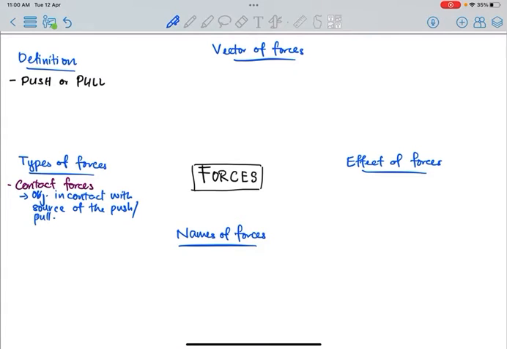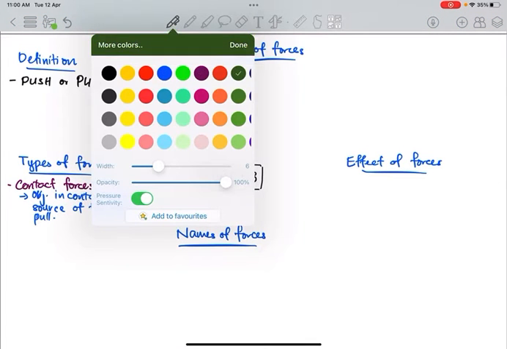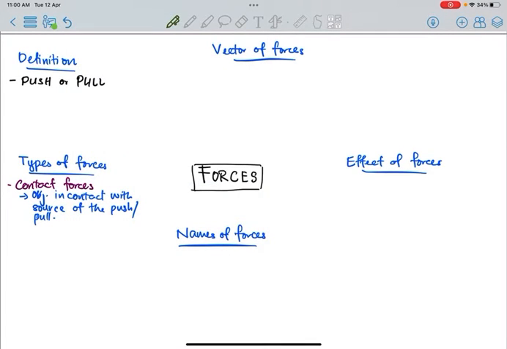Examples of contact forces can be friction. Friction is as if whenever we are rubbing our hands against each other, we can feel that it is having some kind of roughness. So the roughness of a surface is related to the friction.